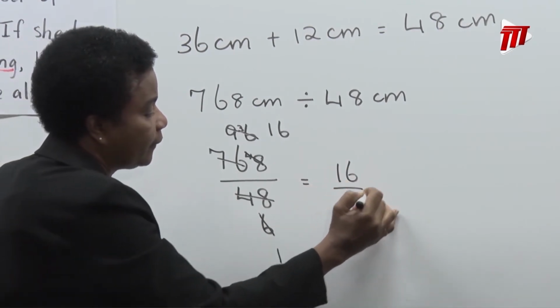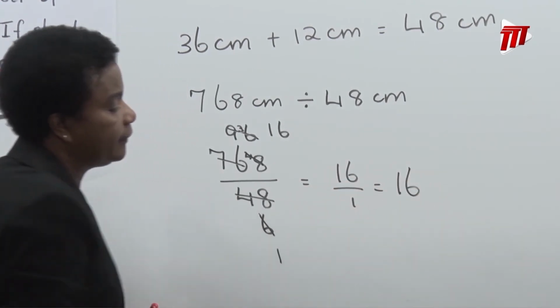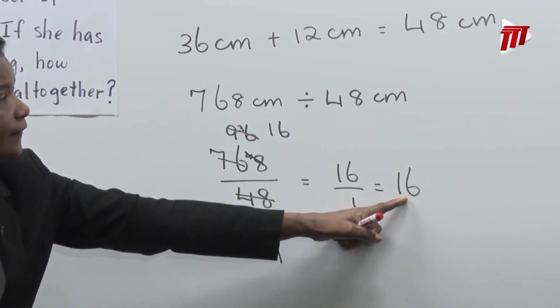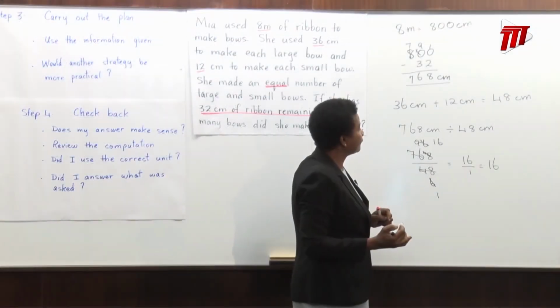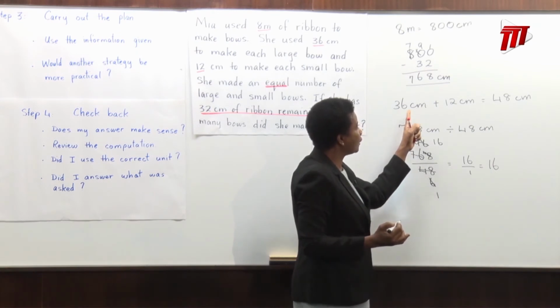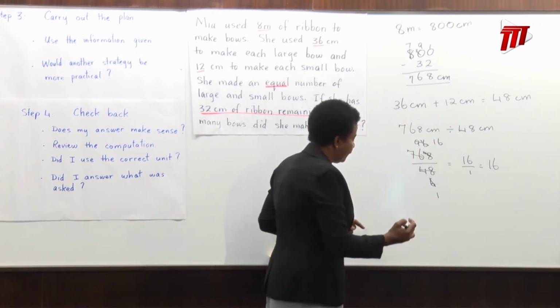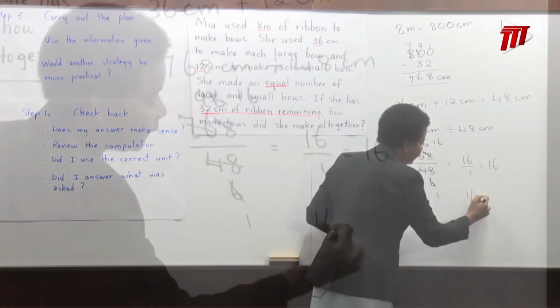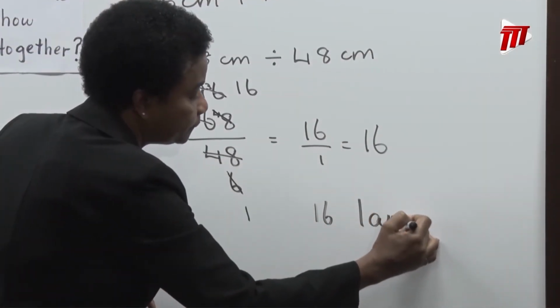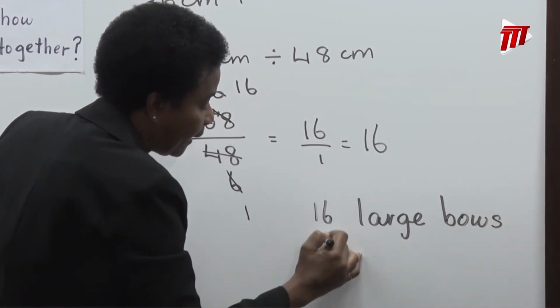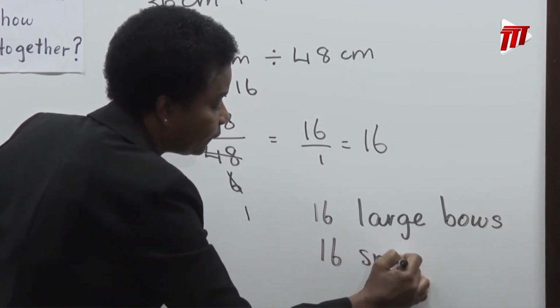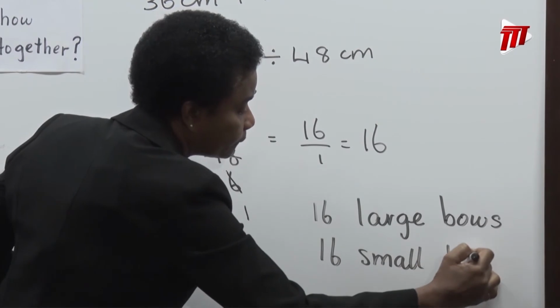Which means that Mia did 16 sets of ribbons. But each set has 1 large and 1 small. Therefore, she made 16 large bows as well as 16 small bows.